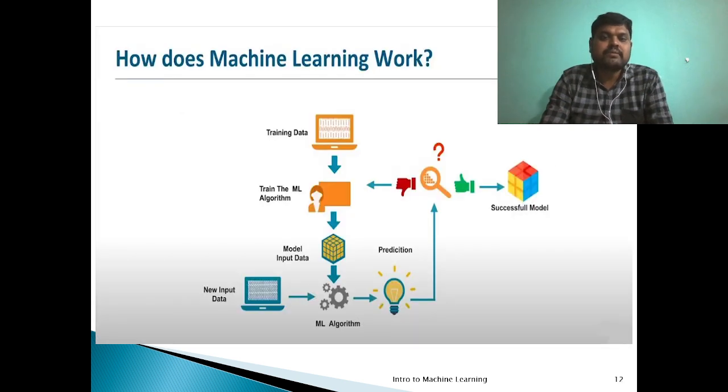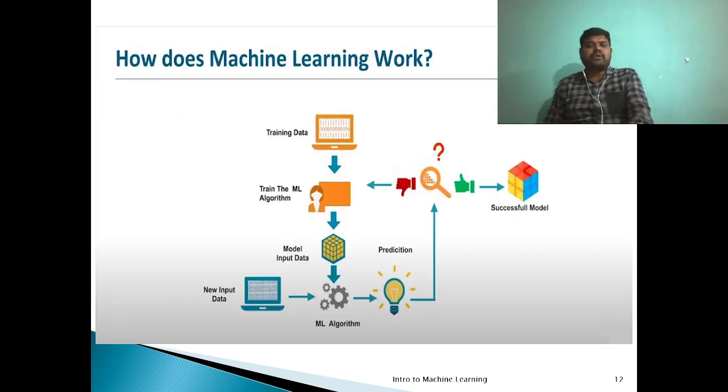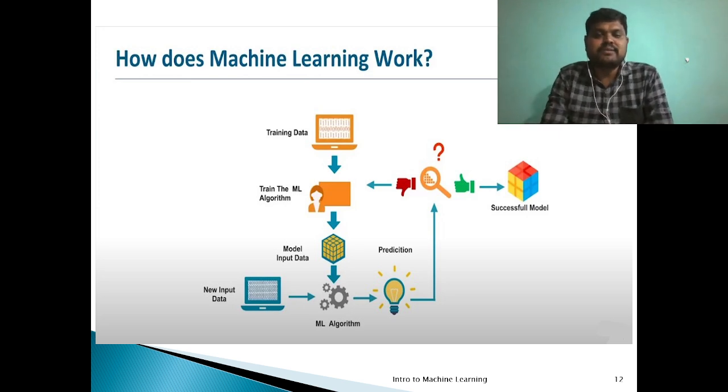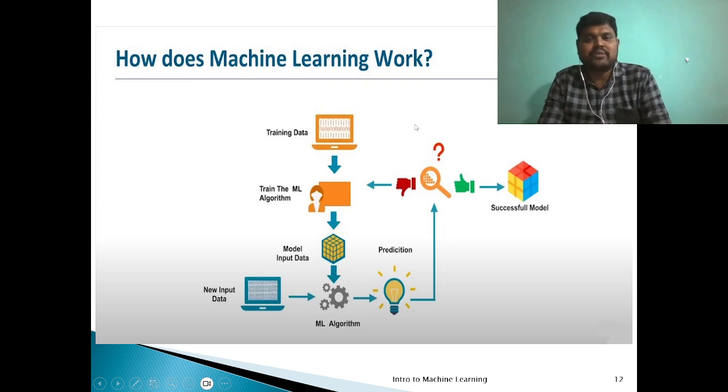So how does a machine learning model work? As I said, first you have to set your objective, then you have to select the data, right? Then select the algorithm or model, then train and test the model. First you have to split the data set into testing data and training data.